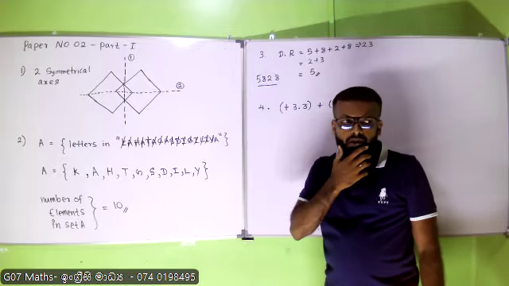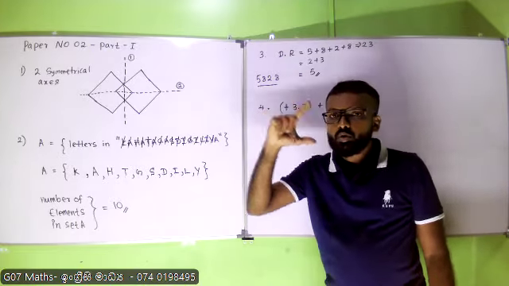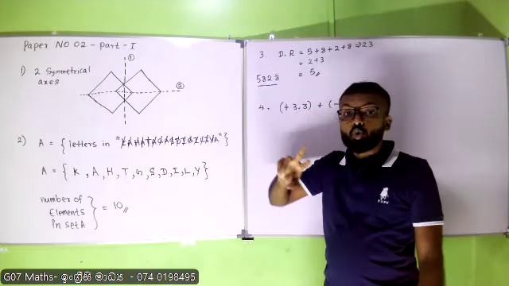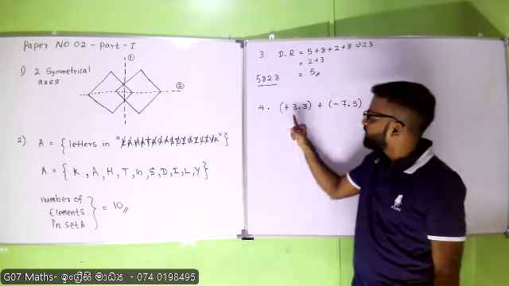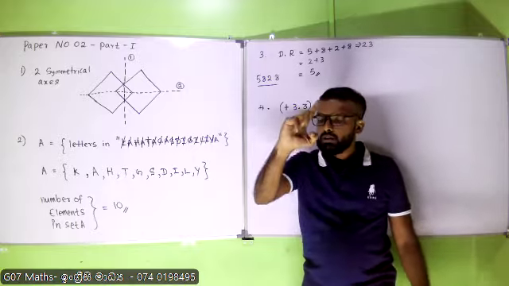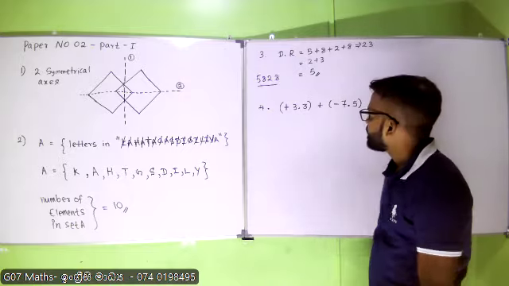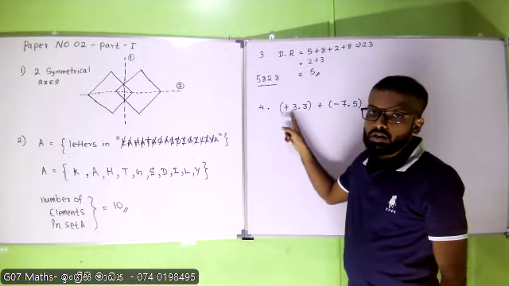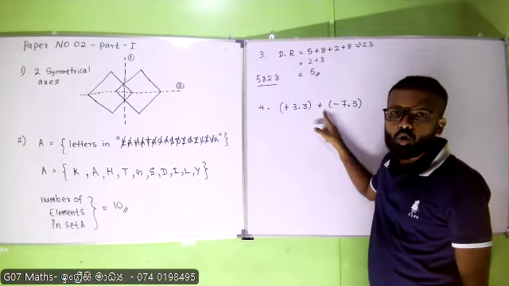If you can remember, what is the first step that you need to do in order to add two directed numbers like this? First of all, this is a positive number, this is a negative number, and you have to add.